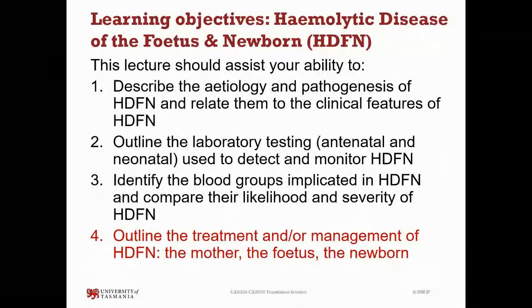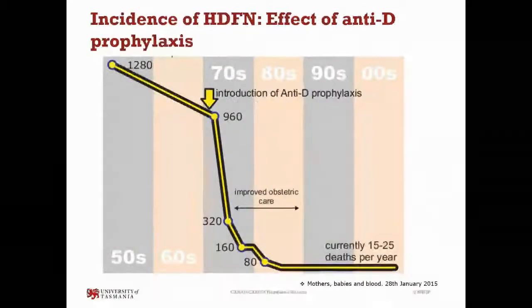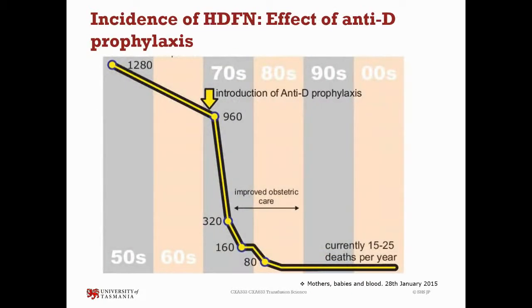Okay, so now looking at the treatment and management of HDFN, and we need to look at the mother, the fetus, and the newborn once again. So this comes from a paper from 2015, and it shows the remarkable effect of anti-D prophylaxis.